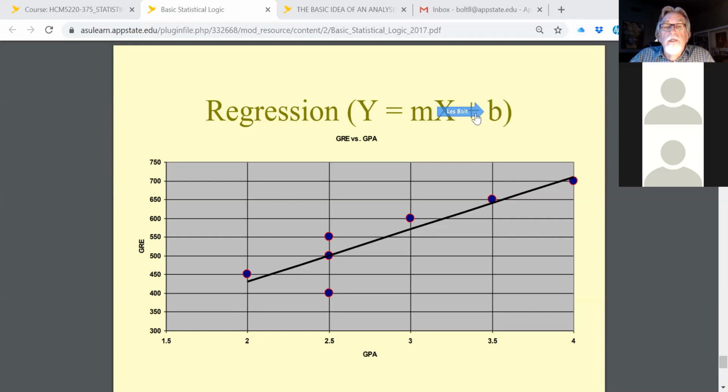And so we could say that the intercept is going to be somewhere along here, and the slope is defined by the speed at which it changes vertically versus the speed at which it changes horizontally. And so by knowing what this line looks like and having the R value, we can know the slope value and the intercept, and therefore we can, for a value of x, predict y. And that's called regression.